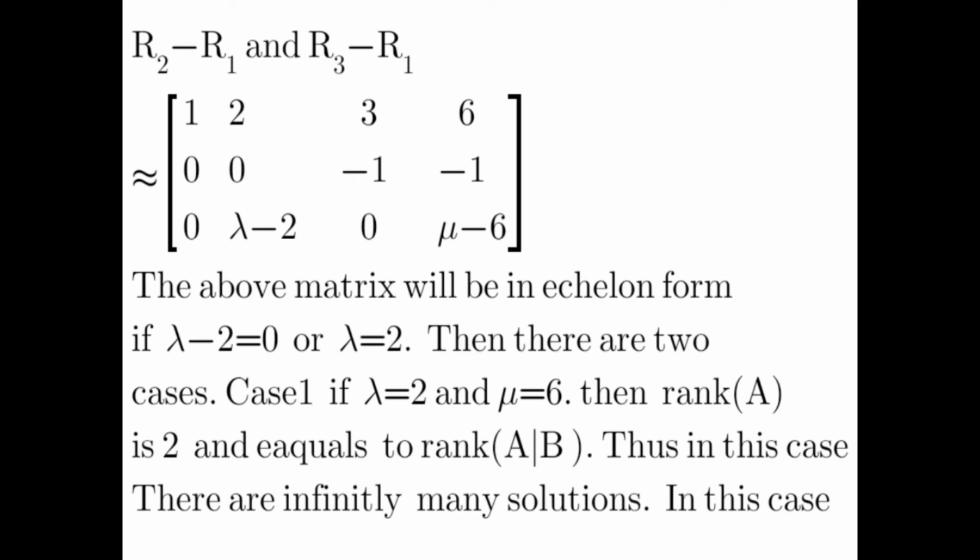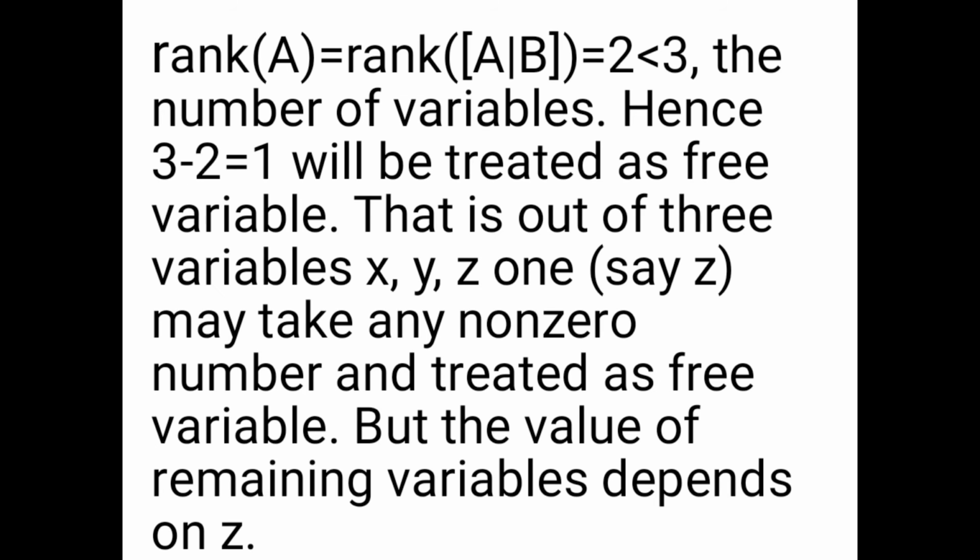But here rank of A is equal to rank of AB, and this common value is less than 3, the number of variables, hence it has infinitely many solutions. The infinitely many solutions arise because the number of variables, that is 3, minus the rank value 2, is equal to 1.